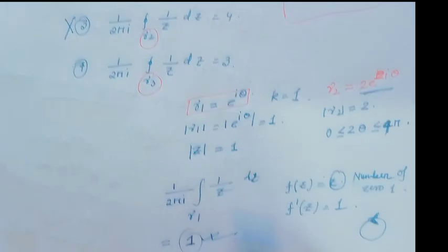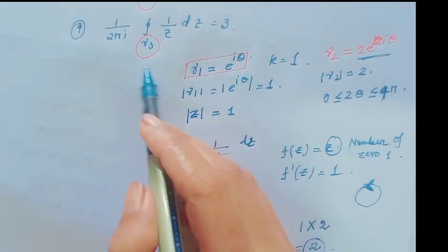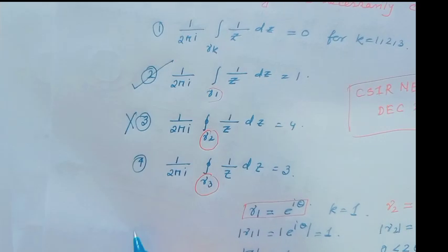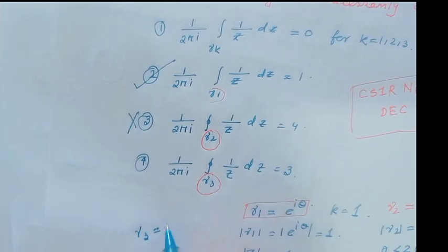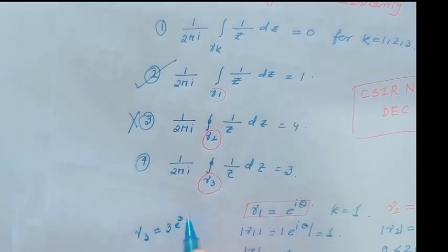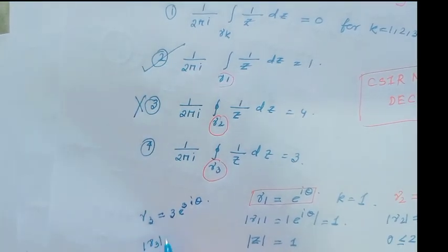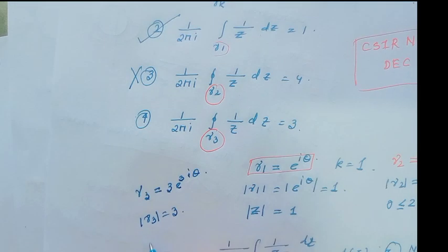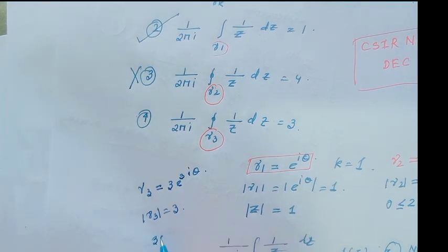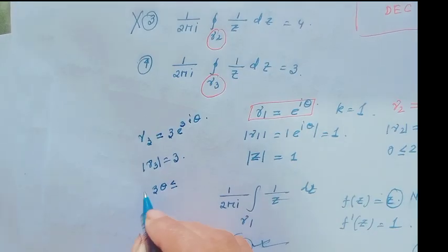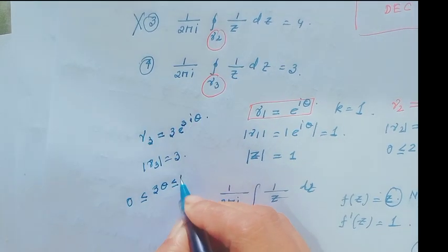And gamma 3 equals 3 e to the power 3 i theta. That means modulus of gamma 3 equals 3 and 3 theta lies between 0 to 6 pi.